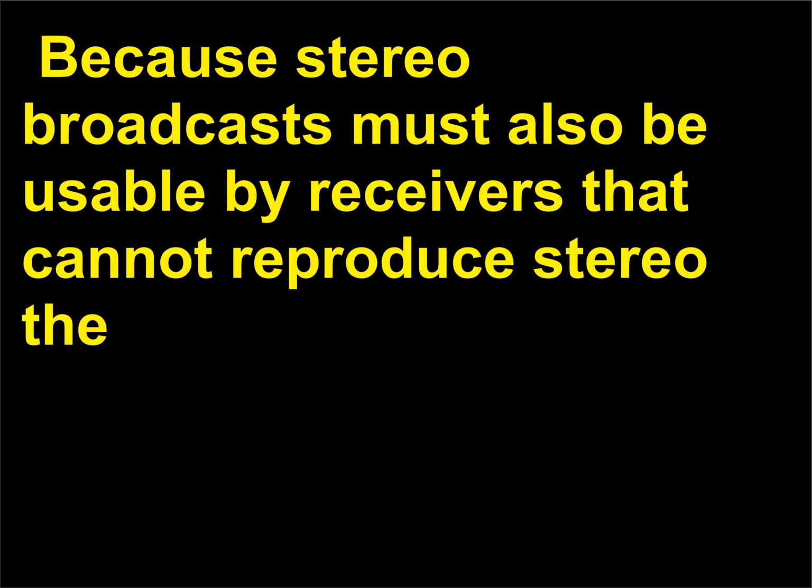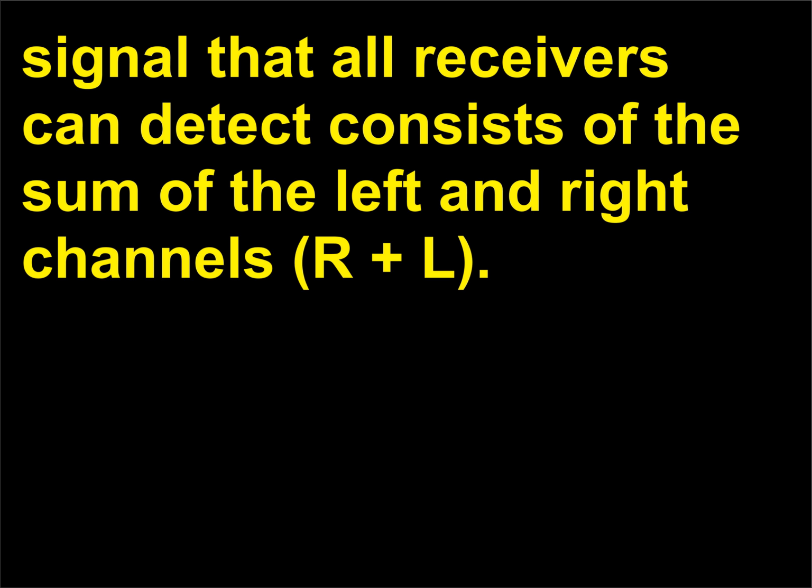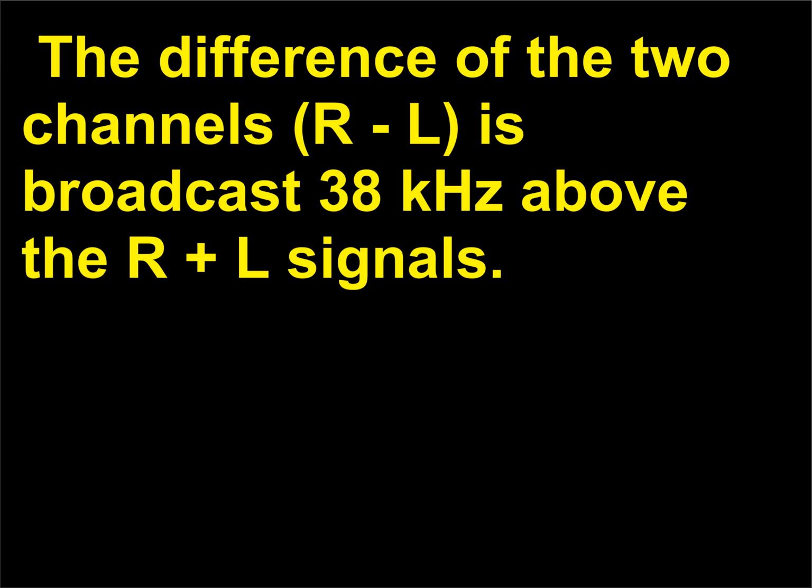Because stereo broadcasts must also be usable by receivers that cannot reproduce stereo, the signal that all receivers can detect consists of the sum of the left and right channels, R + L. The difference of the two channels, R - L, is broadcast 38 kHz above the R + L signals.